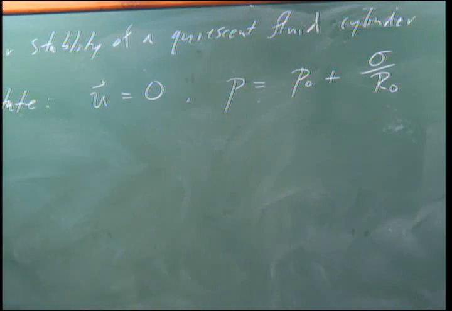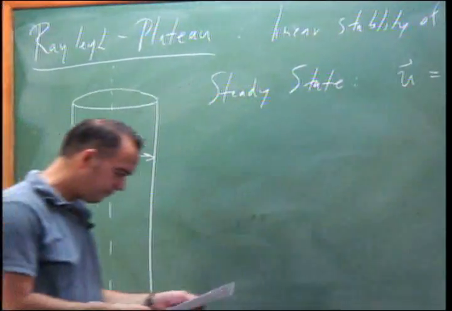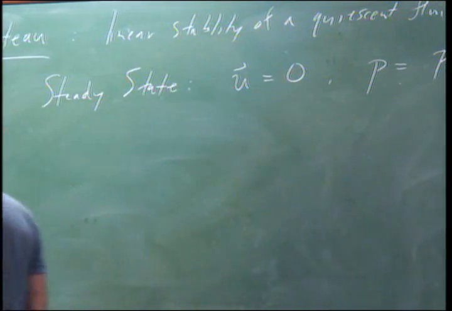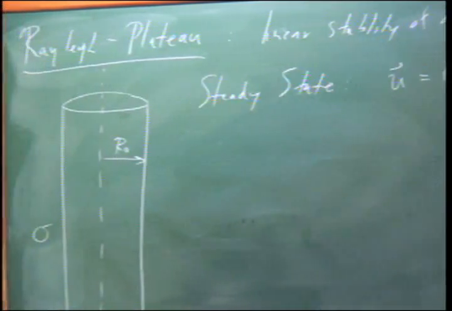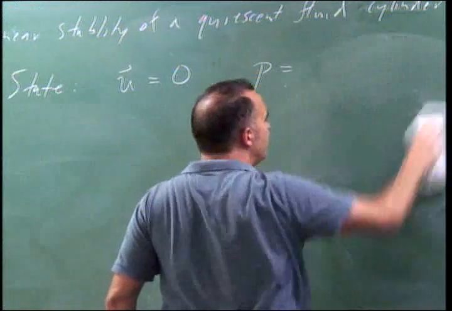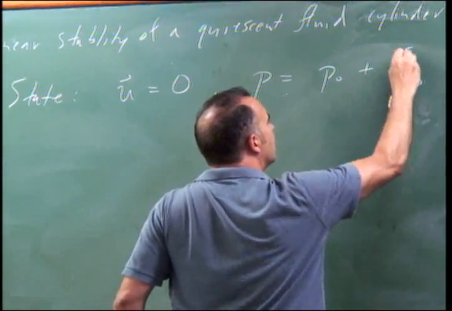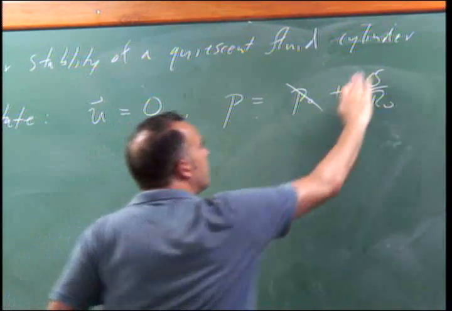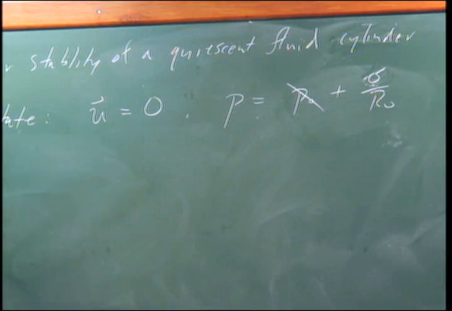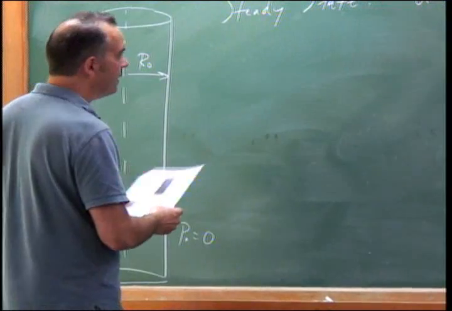The two radii of curvature, the one is infinite, and this is the other. And let's just, for the sake of argument, say P0 is 0. Okay, so we basically just have a pressure inside.